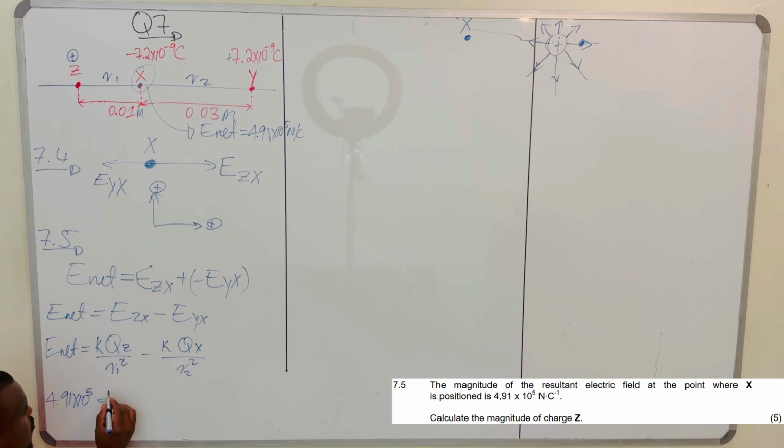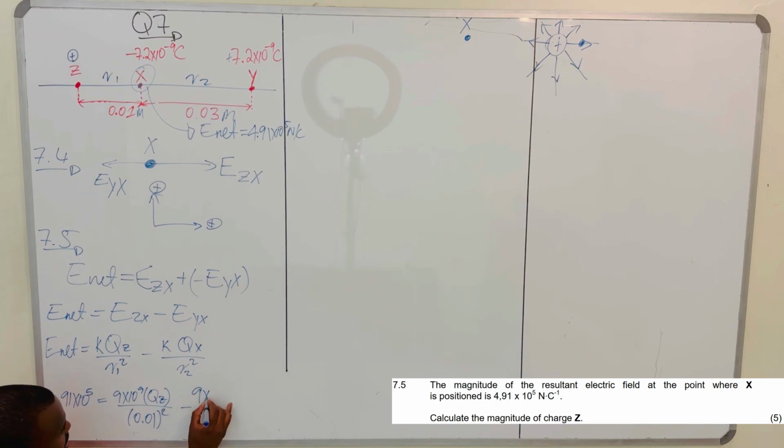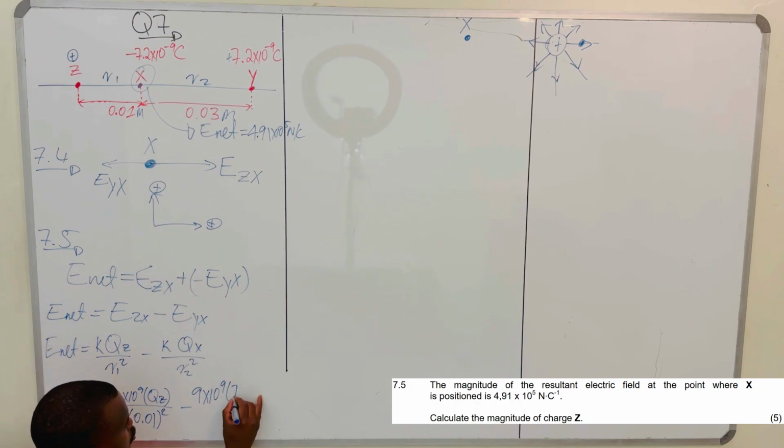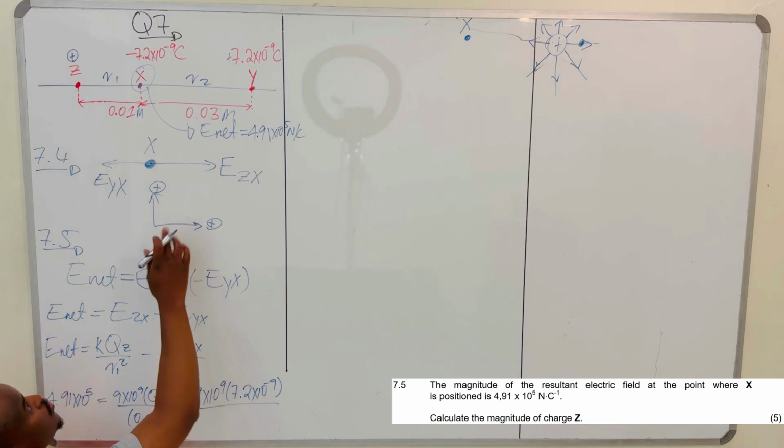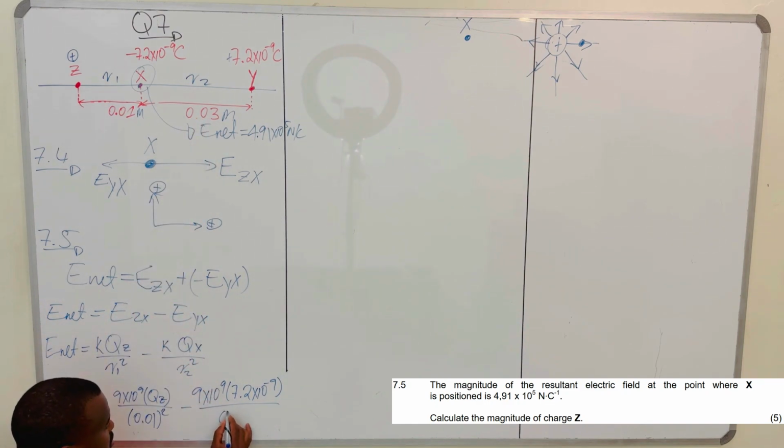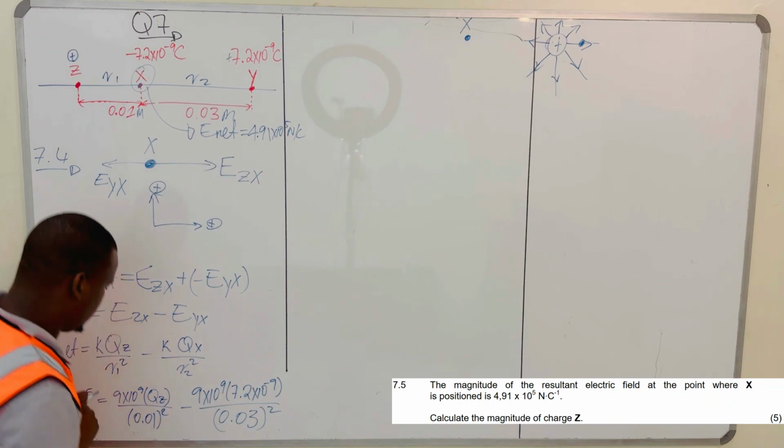It's equal to K, which is 9 times 10 to the 9, times Q_Z, which is what we're looking for, all over R1 squared, which is 0.01 squared, minus 9 times 10 to the 9, times Q_X, which we're given to be 7.2 times 10 to the minus 9, all over R2 squared, where R2 is this one here, which is 0.03 squared. This is what we're trying to solve.